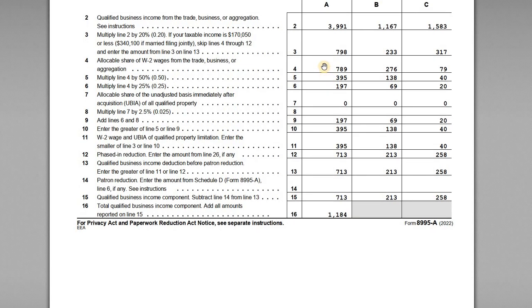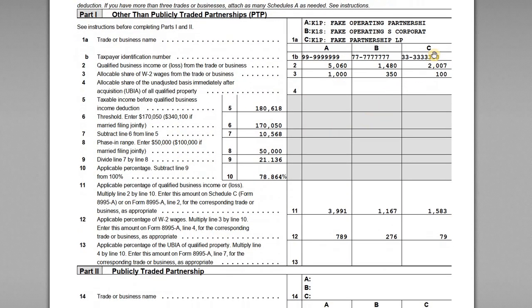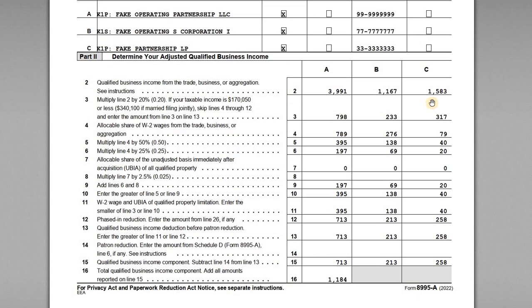And then on lines 4 and then line 7, again, these amounts are flowing through from Schedule A. So remember, if we look, for example, at column C here for this fake partnership, the adjusted amount of QBI was $1,583. The adjusted amount of W-2 was $79. And so if we look at column C up here, we've got the adjusted QBI amount $1,583. And then line 4, allocable share of W-2, we've got our $79 figure.